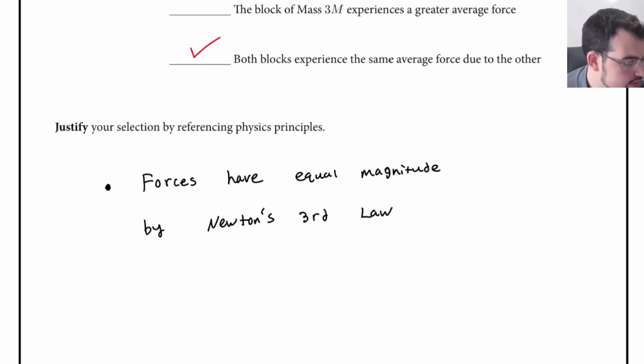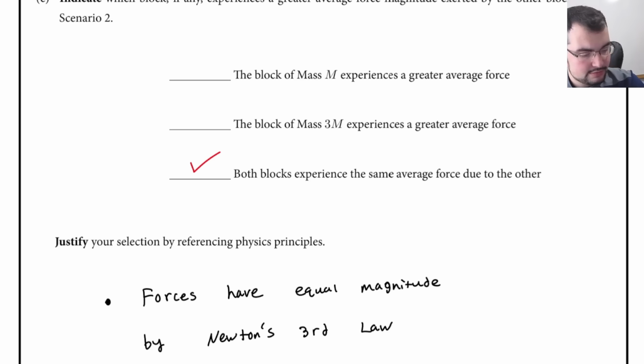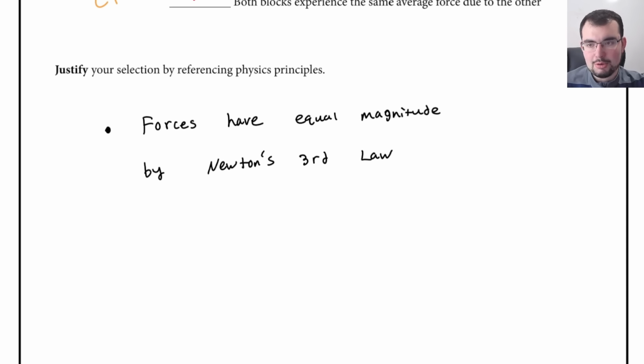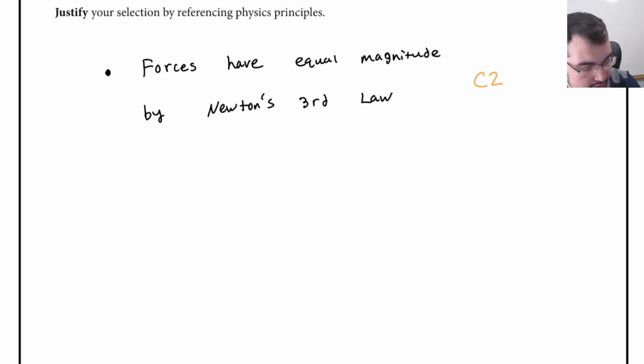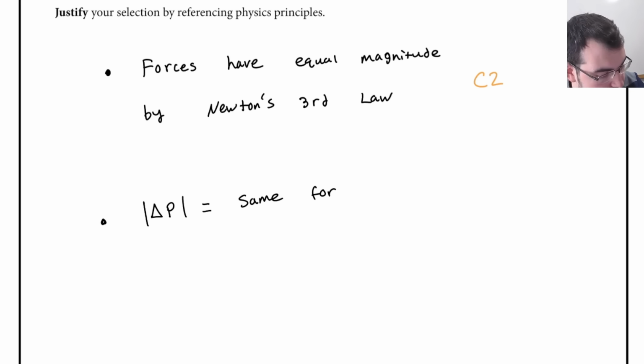This actually isn't the only solution, because sometimes what we've done is talk about how you can come up with Newton's third law from momentum conservation. So there's another approach. If you didn't want to say Newton's third law, you could also say delta P is the same for each block, because for momentum to stay constant, any momentum lost by the m must have been picked up by the 3m.